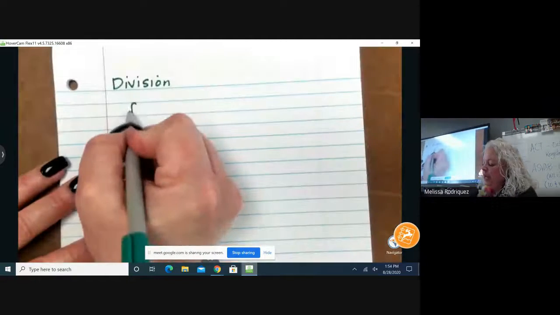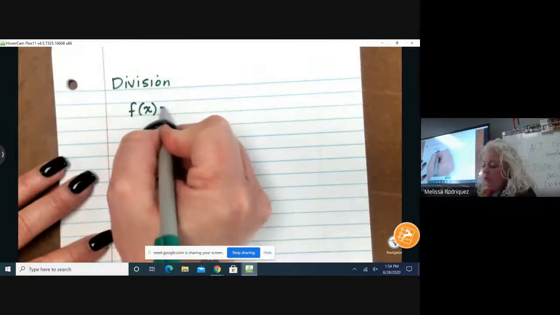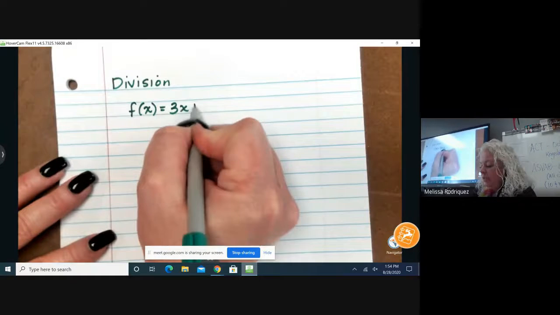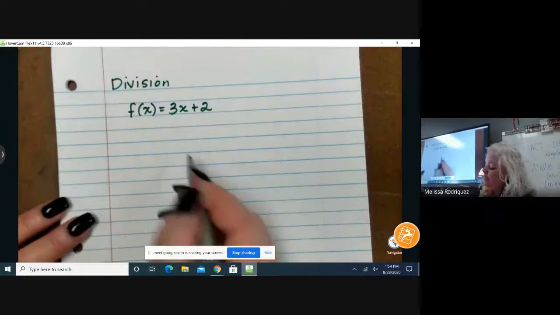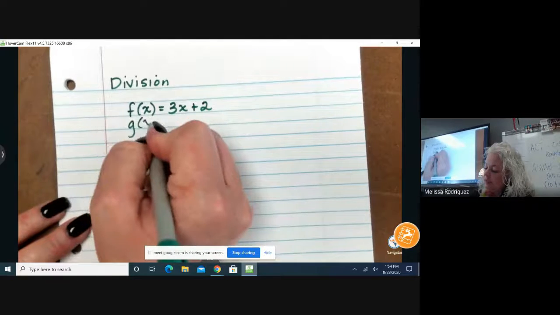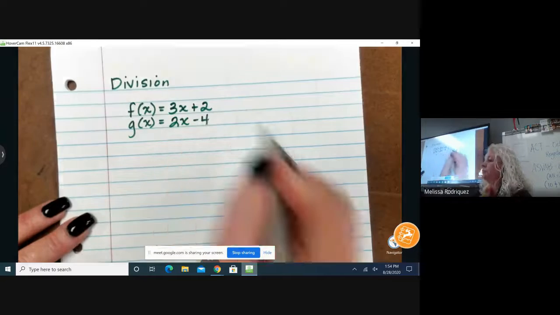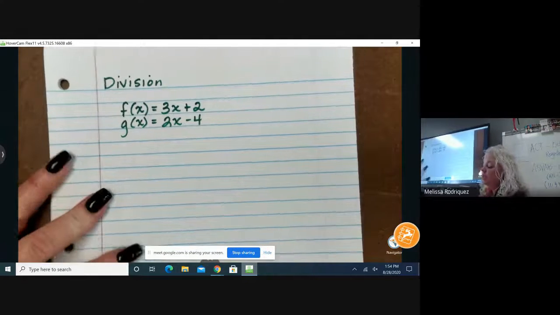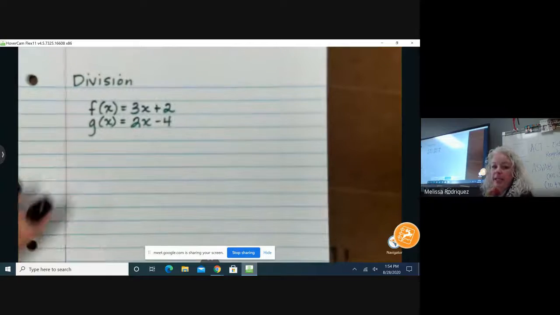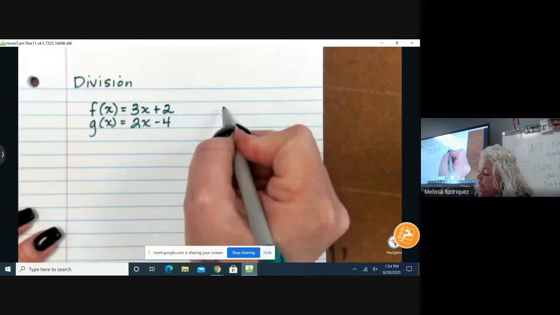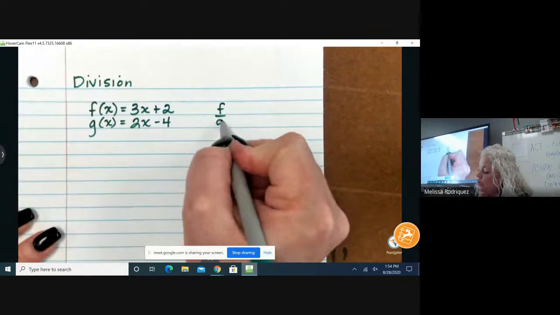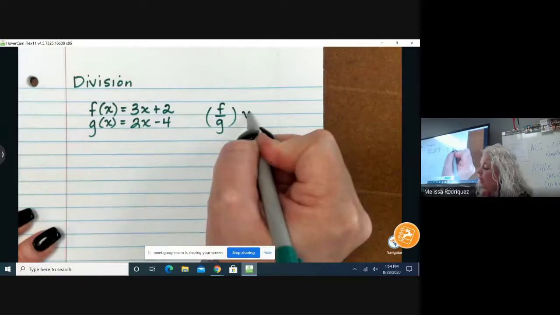So I'm going to tell you that f of x is equal to 3x plus 2. And g of x is equal to 2x minus 4. What we are going to do today is we are going to find f divided by g of x.